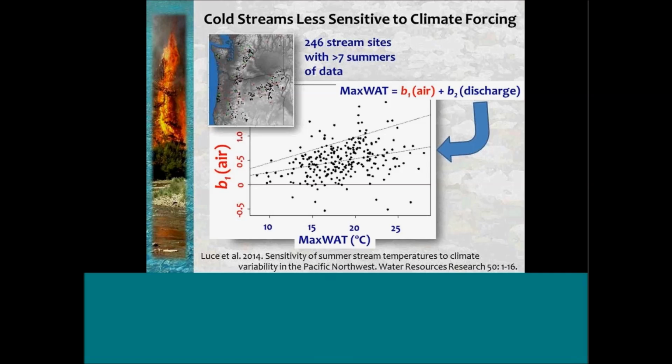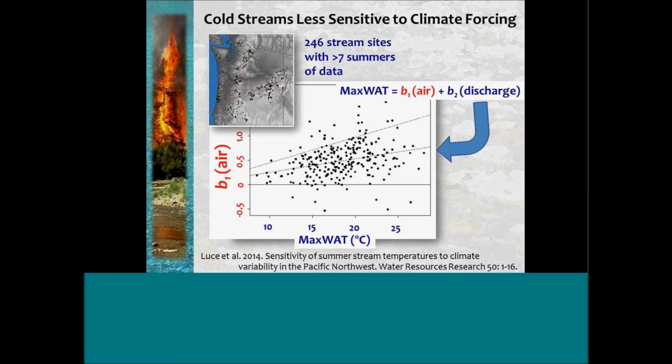The one thing that is different or unique about the future scenarios that we've made, and is different about the way stream temperatures respond to climate forcing than the way the climate responds to greenhouse gas forcing, is that not all streams warm by the same amount when exposed to the same amount of climate forcing. There are different reasons for why that might occur, and we've explored that in this recent paper by Charlie Luce.